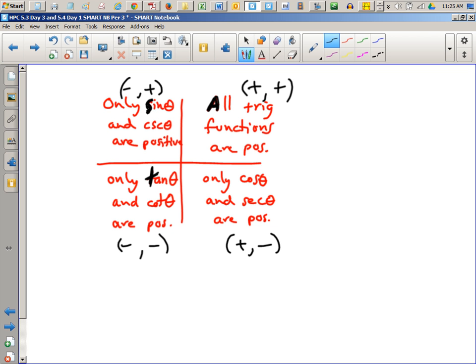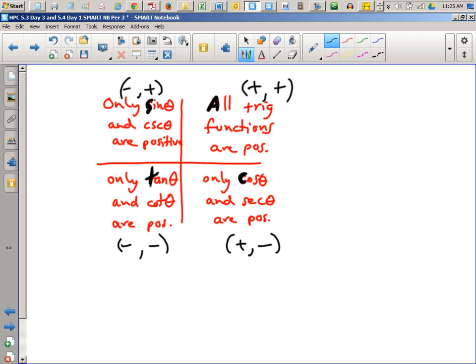And it means that only tangent and cotangent are positive there. And C, in the acronym it's calculus, but it's meaning that cosine and secant are positive in quadrant 4. Okay, so all students take calculus is how some people memorize it, but ASTC really means all trig functions, sine and cosecant only, tangent and cotangent only, and cosine and secant only. That's what it really means.